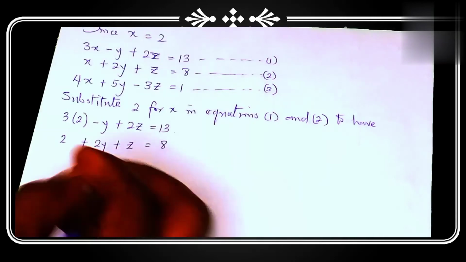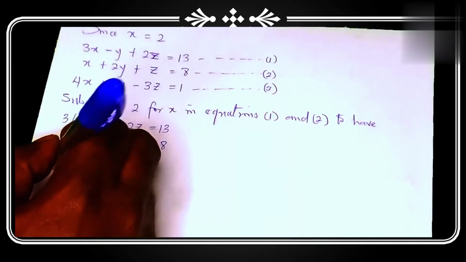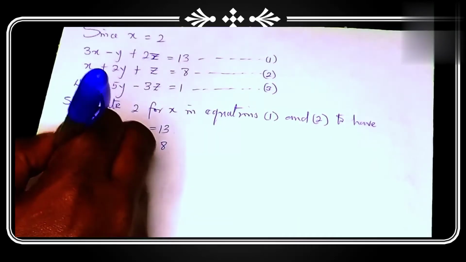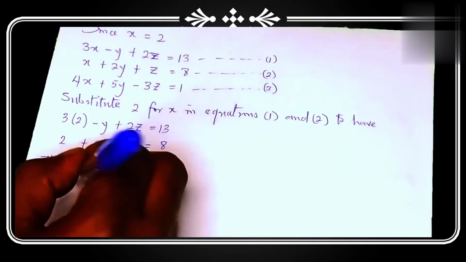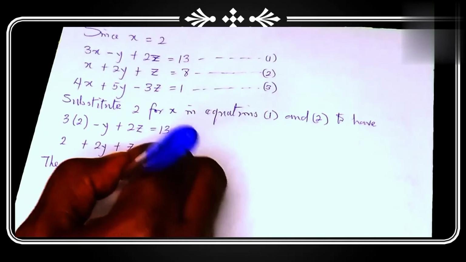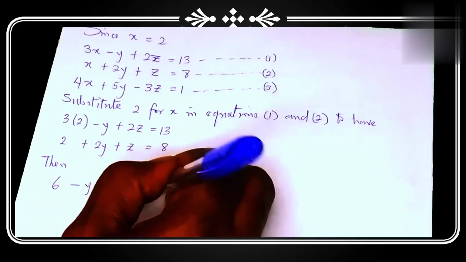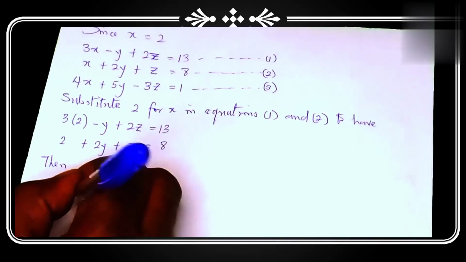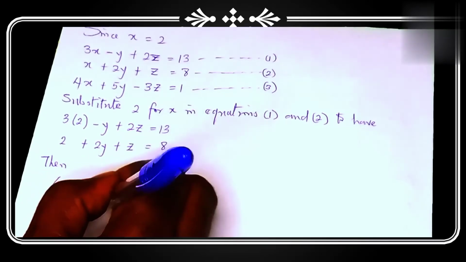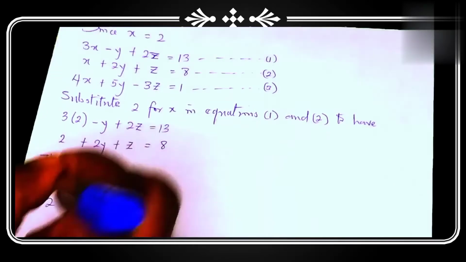Now the next line will be, then we'll have 6 minus y plus 2z equals 13, 2 plus 2y plus z equals 8.